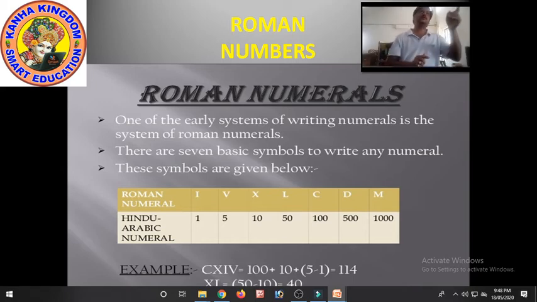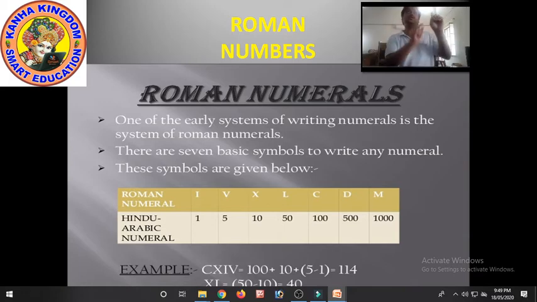See, the first letter is C. C is greater than X. That's why C plus X. But I is smaller than V. That's why I is subtracted from V. V means 5, 5 minus 1.